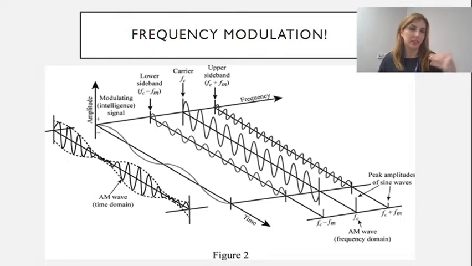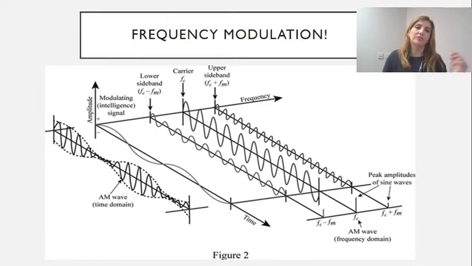On the left side you can see those dashed lines, which indicate the envelope of the modulated signal. So it's an AM modulated signal in the time domain. We call it time domain when you're looking at the time angle, so one of the axes indicates time, and the other normally indicates amplitude or magnitude.